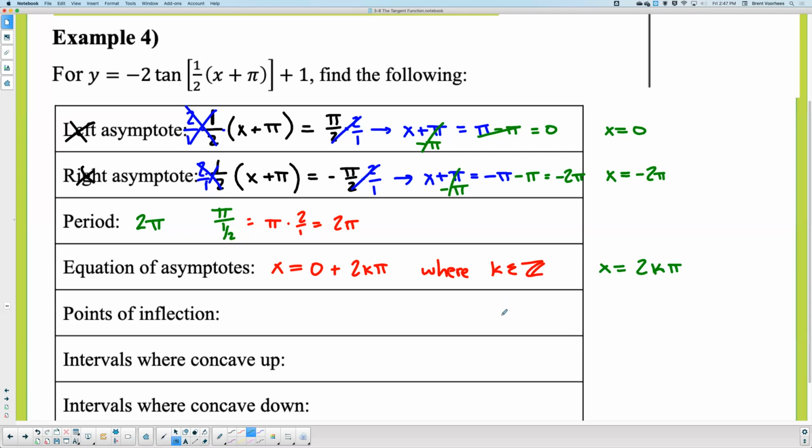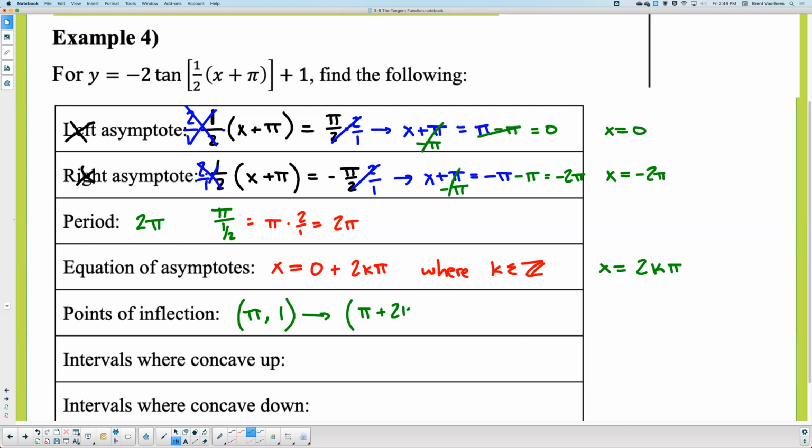Points of inflection. Okay, what's halfway between 0 and negative 2 pi? Or what's halfway between 0 and positive 2 pi? Pi. So our points of inflection, we would have one at pi, comma, what's our d? 1. You could have a whole bunch. So again, the formula would look like this. You take your starting point, which is pi, and the period changes the x.